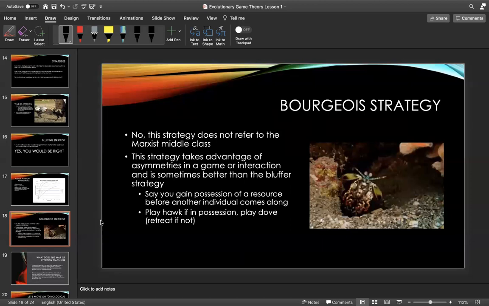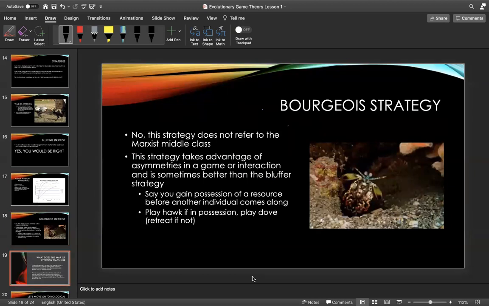But say you came along later, then you might play dove. So there are ways to change the strategy you play based on how you observe your surroundings. In this case, I don't know the animal, but it's guarding its house using the bourgeois strategy. It's going to be more aggressive because it already has possession before another individual comes along.